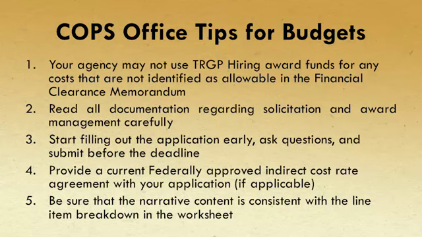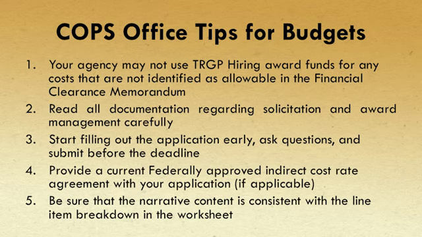COPS Office tips for budgets in Purpose Area 1. 1. Your agency may not use TRGP, which is the Tribal Resource Grant Program Hiring Awards or Equipment Training Awards, funds for any costs that are not identified as allowable in the Financial Clearance Memorandum. 2. You must read all documentation regarding solicitation and award management carefully. 3.